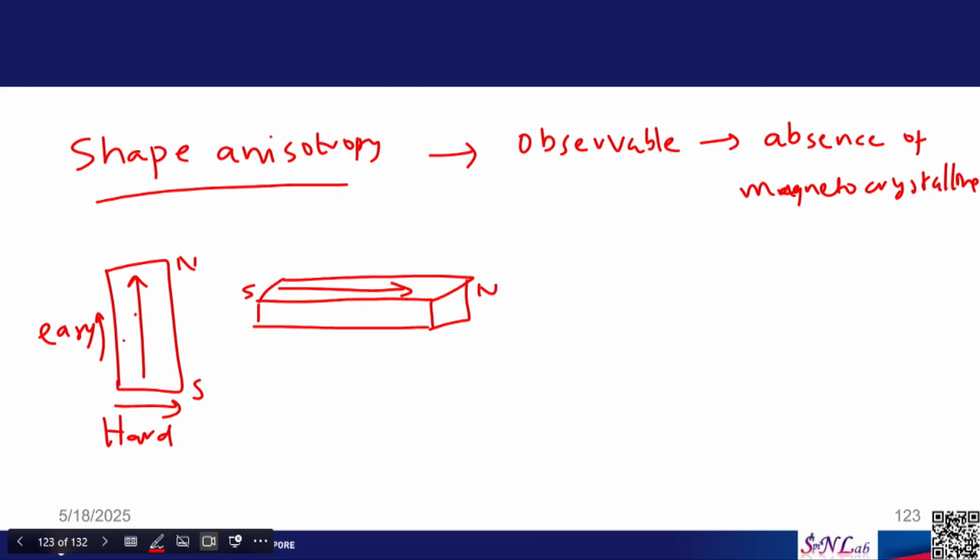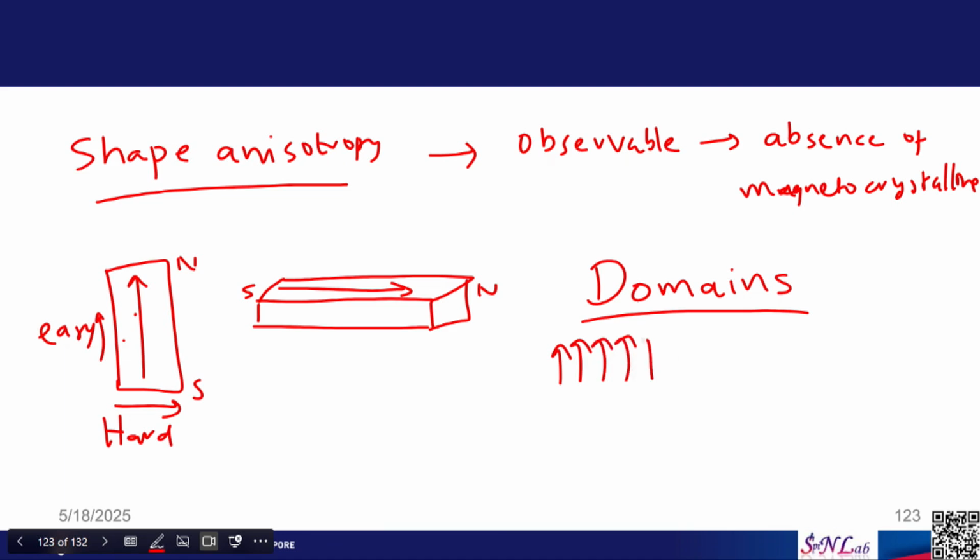Then we also learnt about some other anisotropy. Let us skip them. So, after anisotropy, we moved on to discuss domains. We started with the Heisenberg interaction, which states that the spins have to be parallel to each other, but we cannot keep too many spins parallel to each other.